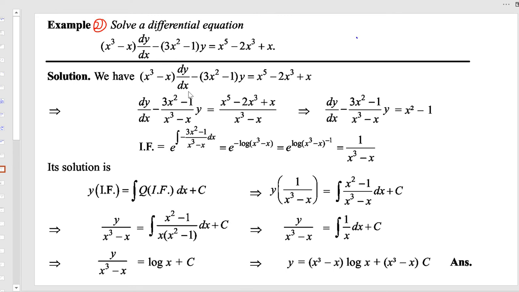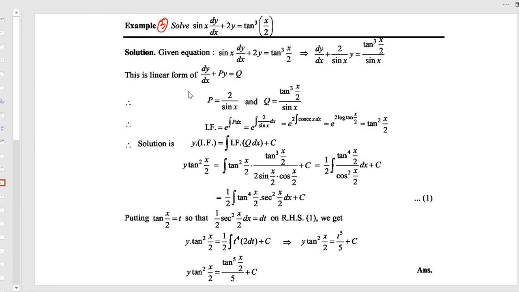So similarly, you can verify this one. Example 2. You need to put it into the standard form. So here is our p. Then you calculate the integrating factor and multiply it.